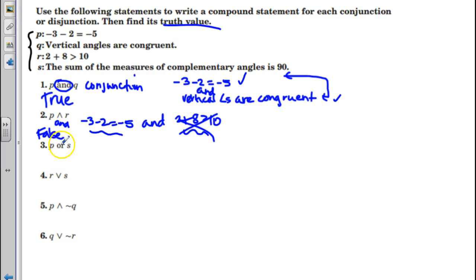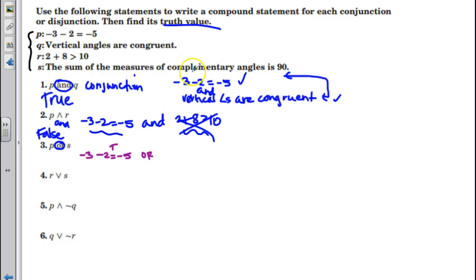All right, number 3 is an or. On an or, they can both be true, but only one of the two has to be true. If they're both false, then this statement will be false. So let's see what this says. -3 minus 2 equals -5. That's P, so this was true. Or, so we already know this is going to be true, don't we?